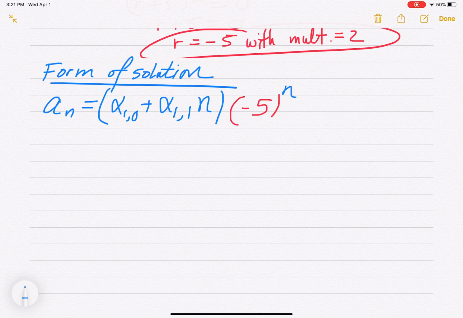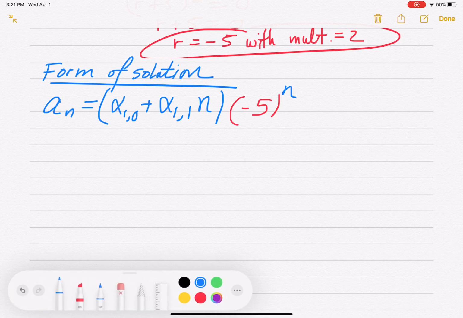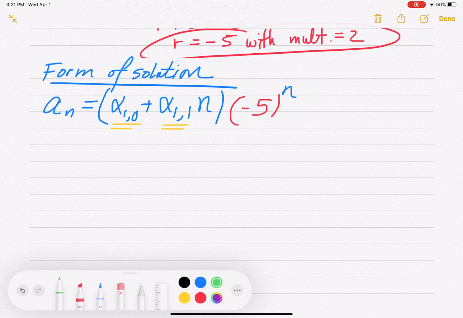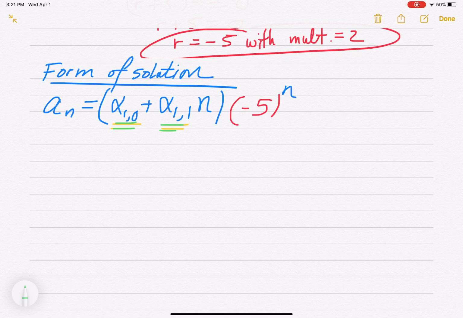Now, to complete this and find the exact solution, you have to find these alphas, alpha_{1,0} and alpha_{1,1}. How do I do that?